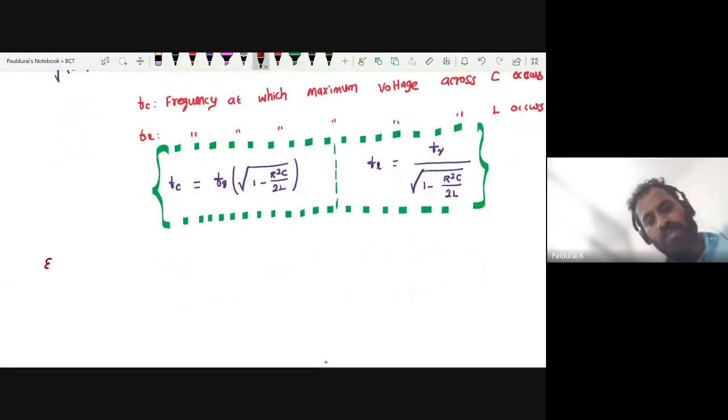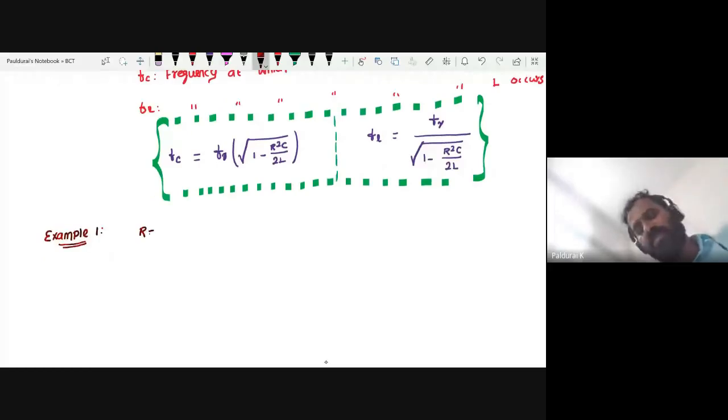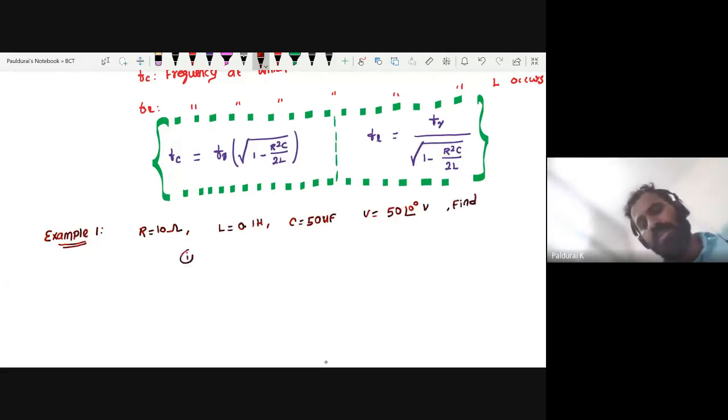Take example 1 for today's class. Take R equal to 10 ohm, L equal to 0.1 Henry, C equal to 50 micro farad, and applied voltage V equal to 50 at an angle of 0 degree volt. You want to calculate three things. First one, resonance frequency.